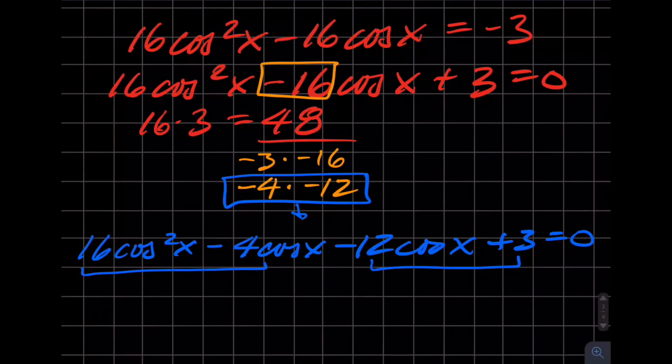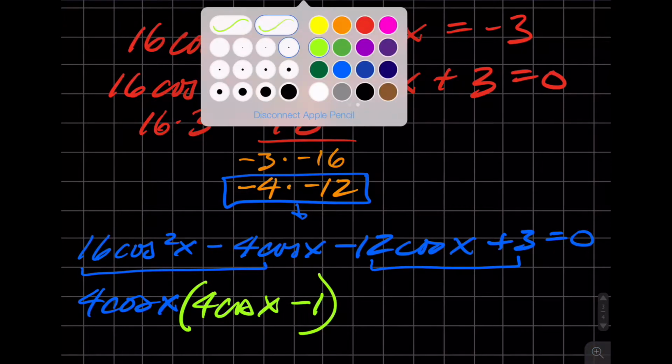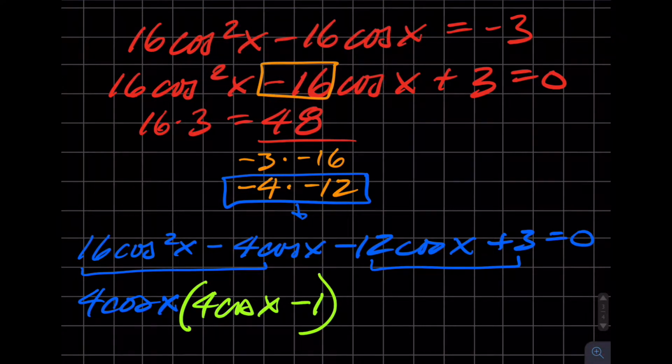I'm going to factor from this one a 4 cosine x, and what I'm left with is 4 cosine x minus 1. And this one, I'm going to factor out a negative 3. And what I'm left with after I factor out a negative 3 is 4 cosine x minus 1.